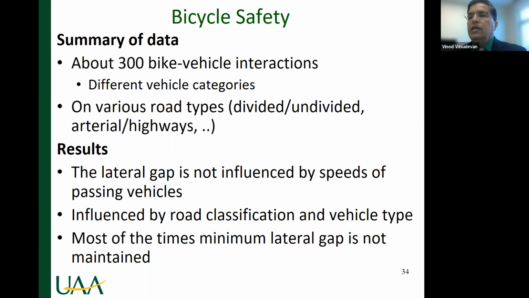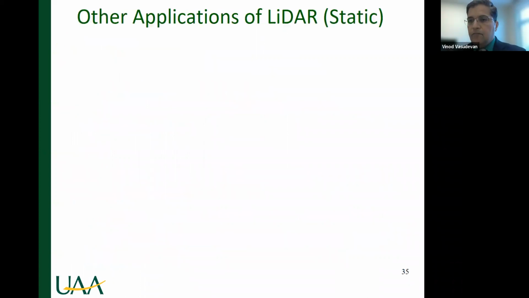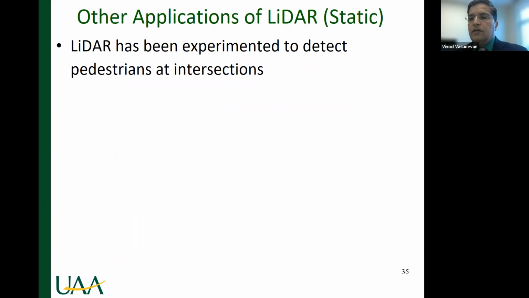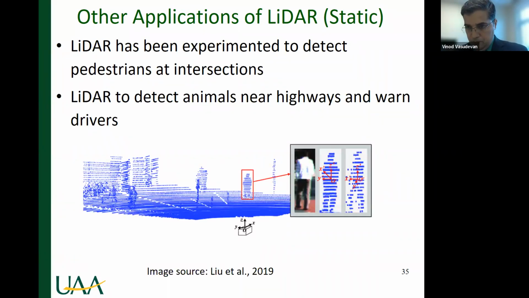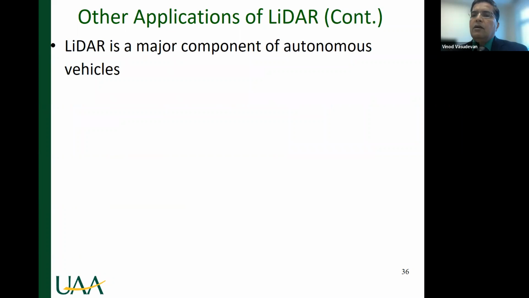As I mentioned before, the idea was not to discuss the application but to show how LiDAR can be used to capture these kinds of details. Other applications include static LiDAR, which has been experimented with to detect pedestrians at intersections. Similarly, LiDAR has been used to detect animals near highways and warn drivers. There are many more.